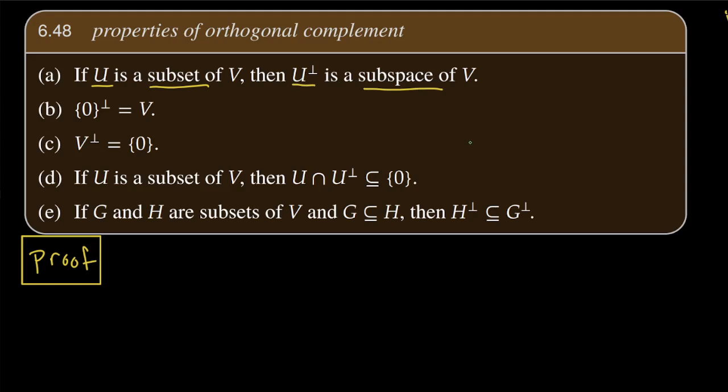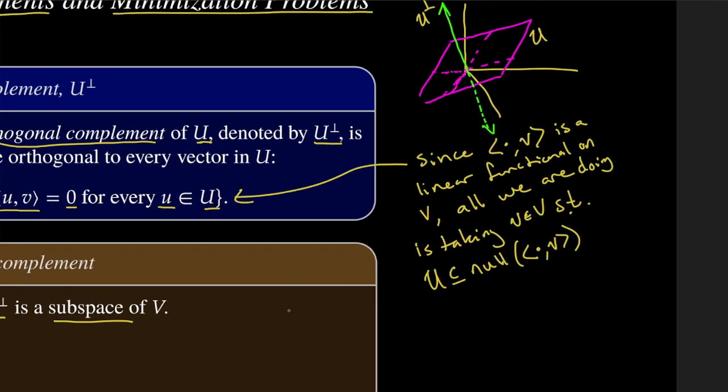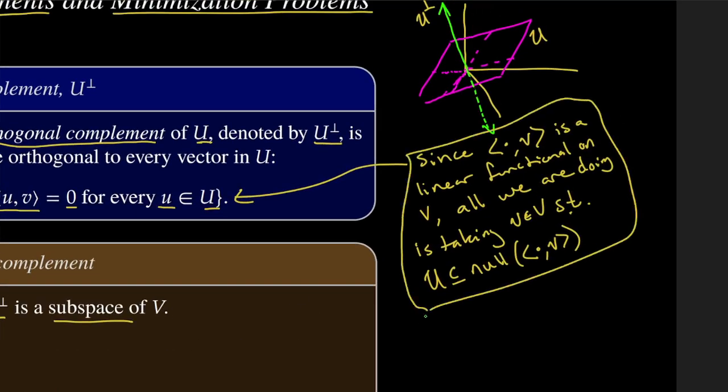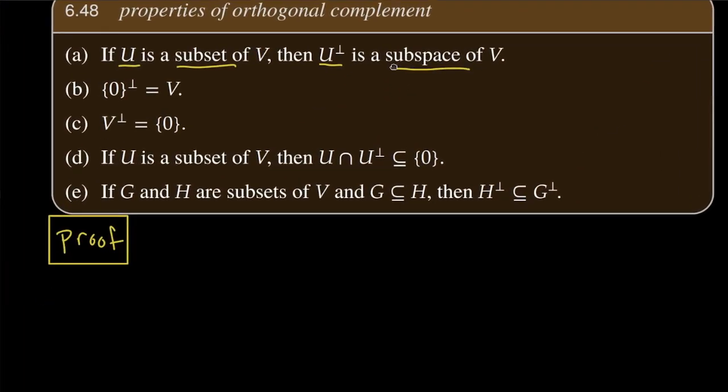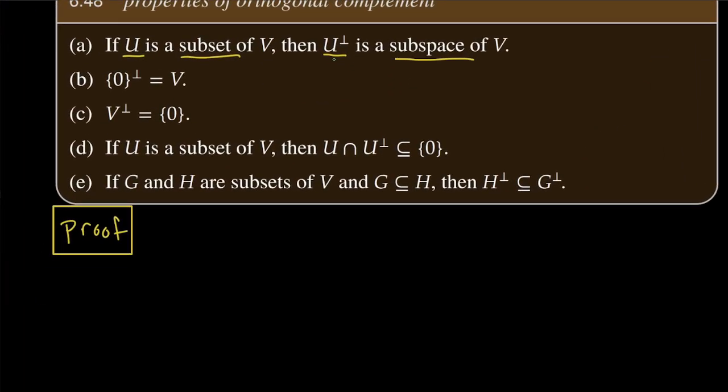Think back a little bit earlier to a discussion about, say, annihilators. There is a direct connection here, exactly along the lines of what we talked about over here. So this says, take a subset, do the orthogonal complement, make U perp out of it, and you get a subspace.